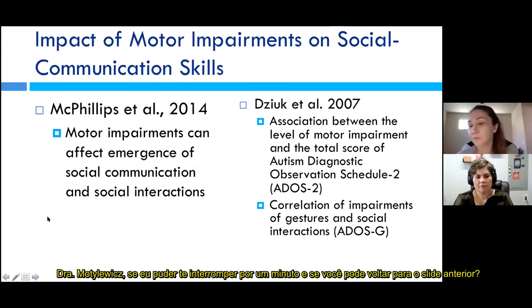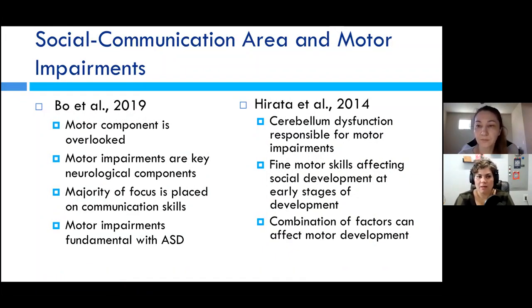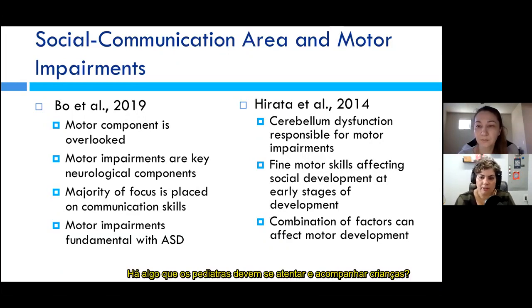Dr. Motylewicz, if I can interrupt you for a minute, if you can go back to the previous slide. Yes, of course. So you mentioned here that the motor component is overlooked, and perhaps these could be signs and red flags for the screening of autism. Is this something that pediatricians are aware of and are tracking in infants?